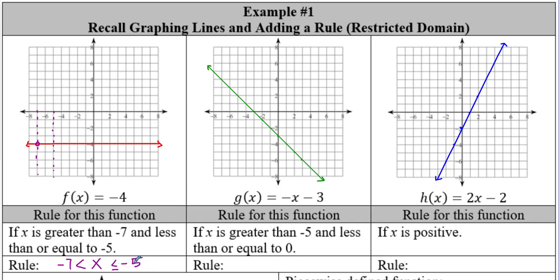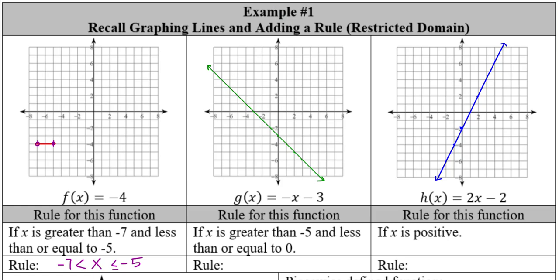And then at negative 5, I'm going to need a solid dot because I'm going to include negative 5. And then I can get rid of the rest of this graph because I only want this one piece right here. So I'm just going to simply erase everything else except for that section right there. Boom. So this is what I'm looking for here.